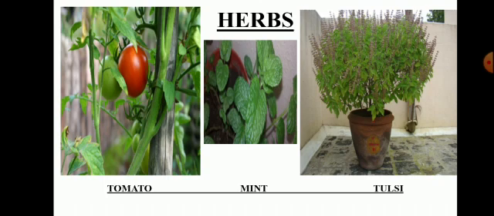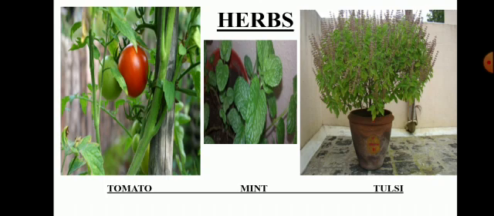Herbs are very small plants with green soft stems. They do not grow more than 3 or 4 feet in height and may not have many branches. For example, tulasi, mint and also tomato.